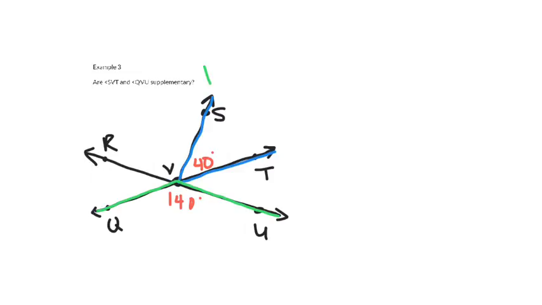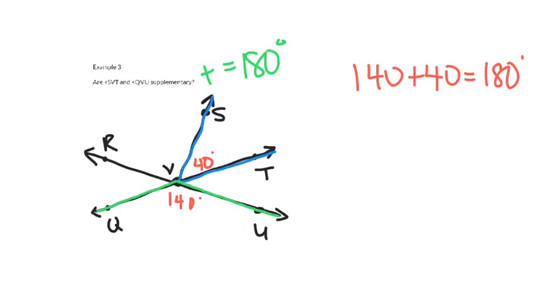Remember, supplementary means that they add up to equal 180. Do these add up to equal 180? Clearly they do. 140 plus 40 is 180. So are these supplementary? Yes, they are. The definition of supplementary is just two angles that add up to equal 180. They don't have to be a linear pair to be supplementary, but if they're a linear pair, they have to be supplementary.